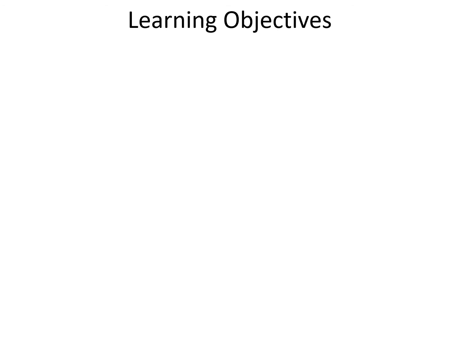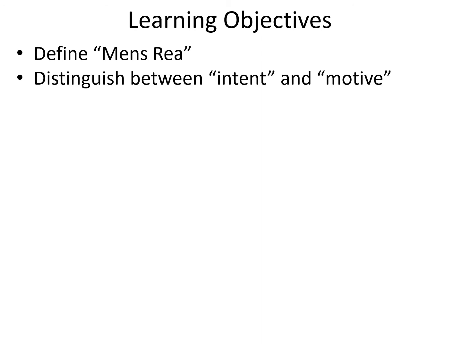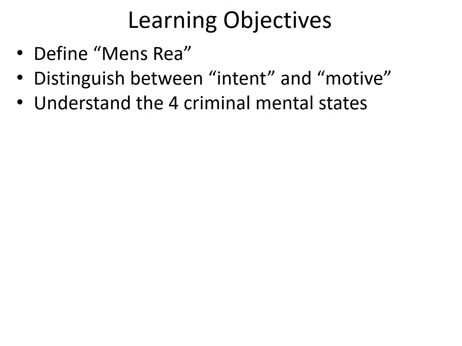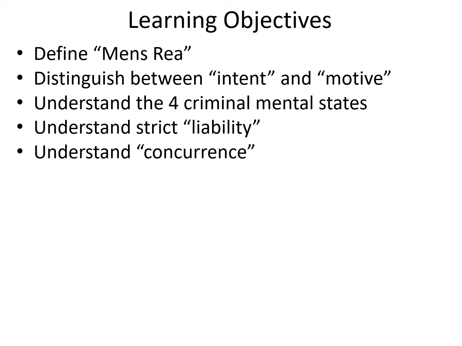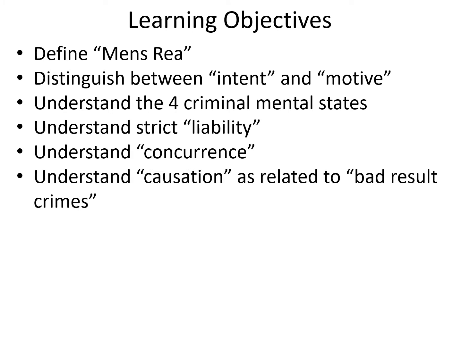The learning objectives you do not have to memorize. They're basically a blueprint for where we're going in this chapter. We're going to define mens rea, distinguish between intent and motive, understand the four criminal mental states, specifically in the state of Texas, understand what strict liability means, understand the concept of concurrence, understand what causation means as it's related to a bad result crime, and what is a bad result crime.